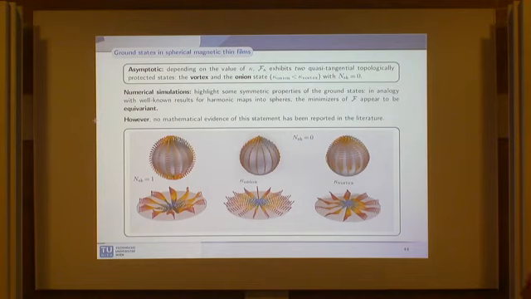And the kappa for the onion state is less than kappa for the vortex. This is what appears in simulation. And then you have also this state which has topological degree 1, but it's not clear according to some experiments. It seems that while these two seem to be global minimizers, this one is not.